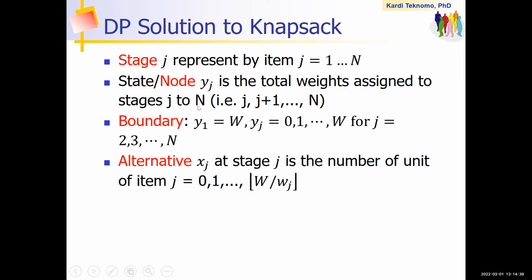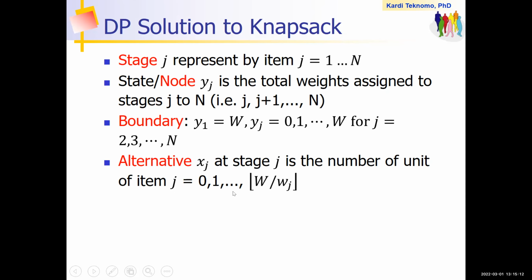And then there is a boundary, which is the capacity. In this case, y1, later on, this is our goal, will be equal to W. And then the alternative is the one that you want to know. So the decision variable xj, at stage j, is the number of units of item j.